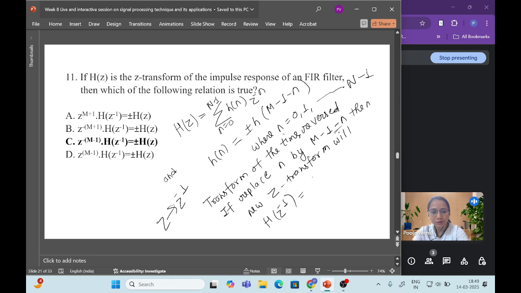So the new Z transform, with n varying from 0 to M minus 1, is the summation of h of n, z to the power minus (M minus 1 minus n). So here we are just shifting n by M minus 1 minus n.